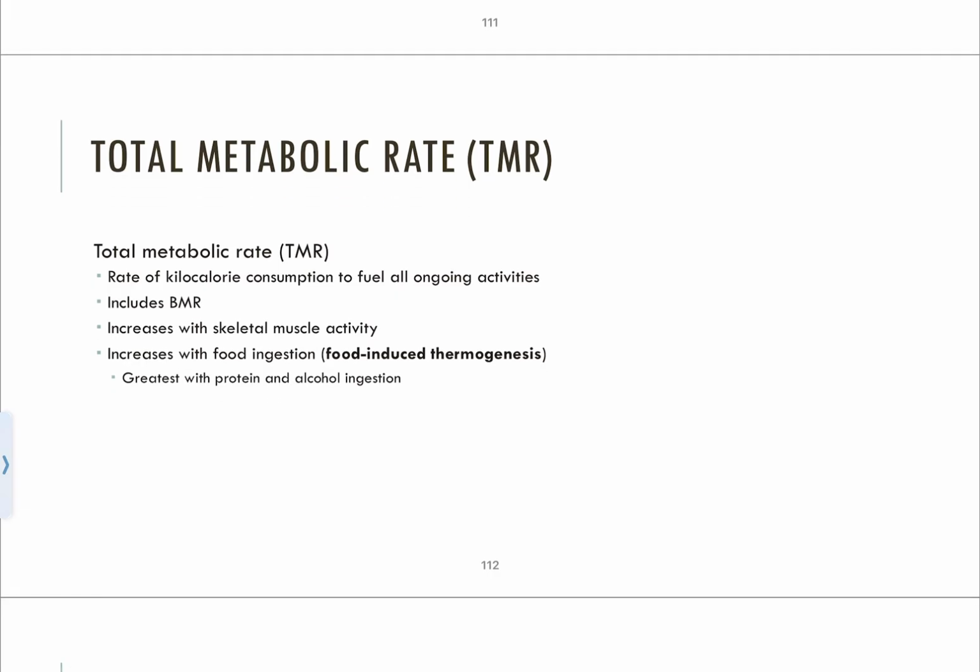So that brings us to our total metabolic rate, and this is the rate of kilocalorie consumption that is actually needed to fuel all of our ongoing activities, whether these activities are voluntary or involuntary. So this is going to include our basal metabolic rate, or BMR.